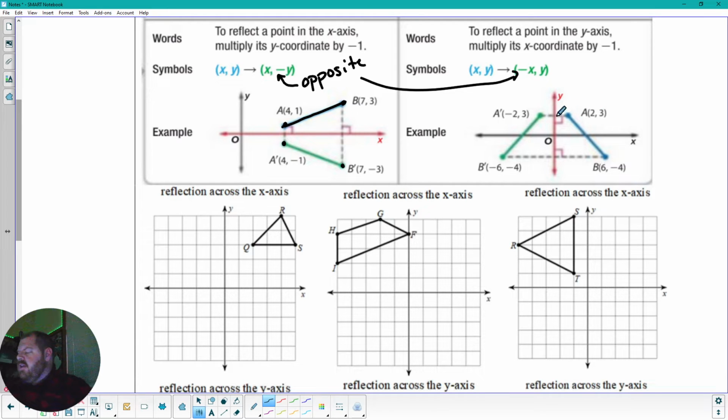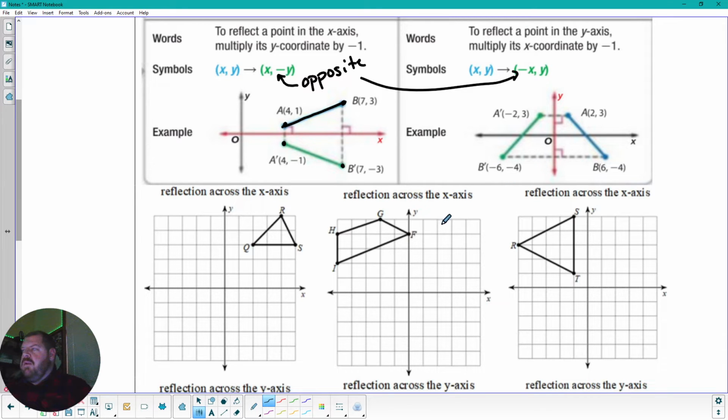Here A is at 2, 3, meaning that A is 2 units away from the y-axis, so we go 2 units the other way and we get to negative 2. B is at 6, negative 4, so it's 6 units away, so 1, 2, 3, 4, 5, 6 gets us to the y-axis, and then 6 more gets us to where the reflection would be.